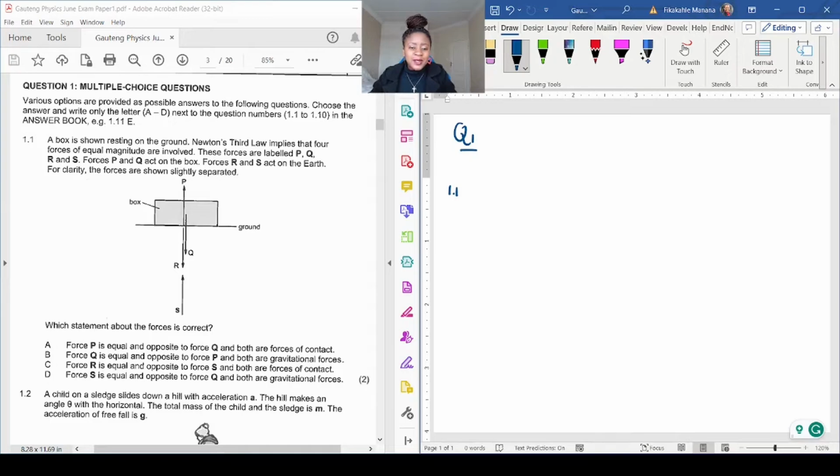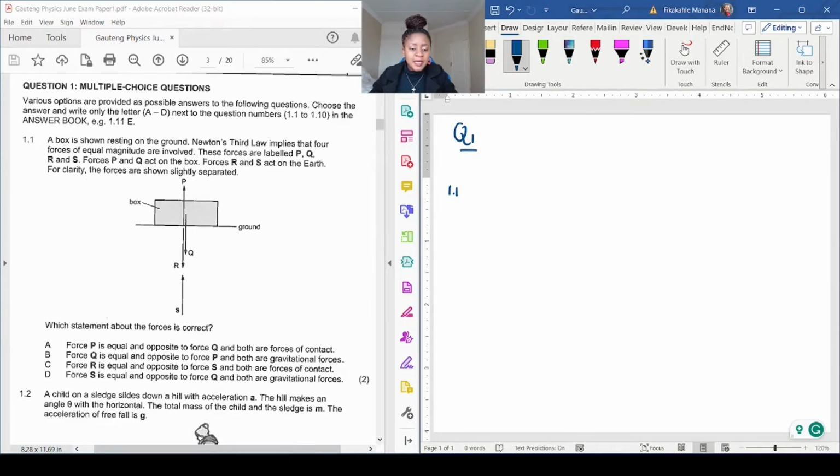Then we have forces R and S that act on the earth, and those ones will be your non-contact forces. For clarity, the forces are shown slightly separated. So which statement about the forces is correct?